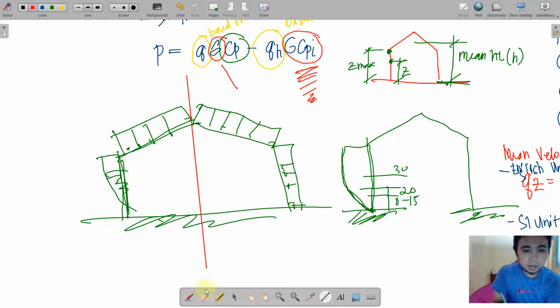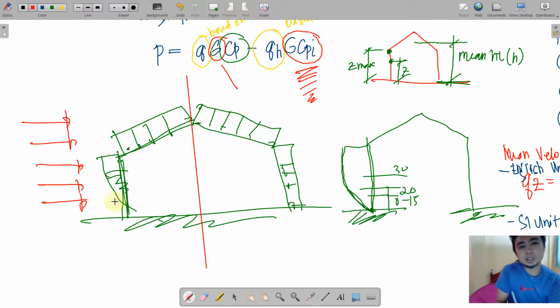So ang tawag dito sa left side, kung dito nanggaling yung wind. Okay? So if the direction of the wind is on that side, therefore, ito ang tinatawag na windward. Okay?